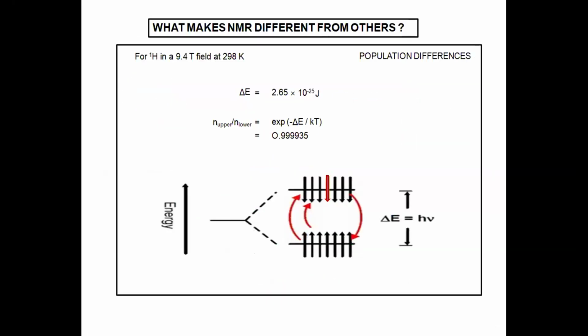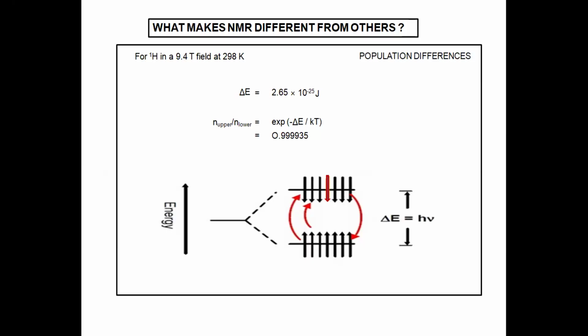Now, there is one more thing in which NMR is different, that is the population. At room temperature, the population difference between the energetically higher state and the lower state is not very much. The Boltzmann population difference is very, very small.